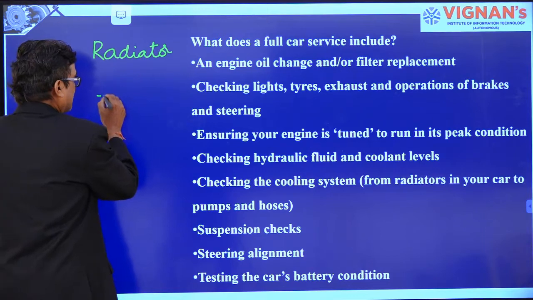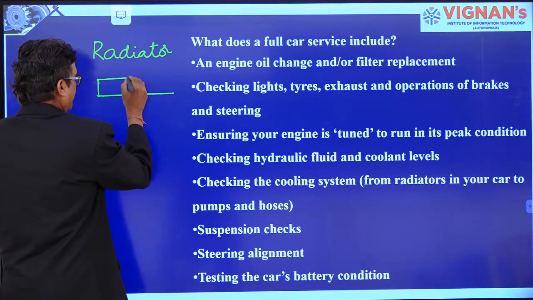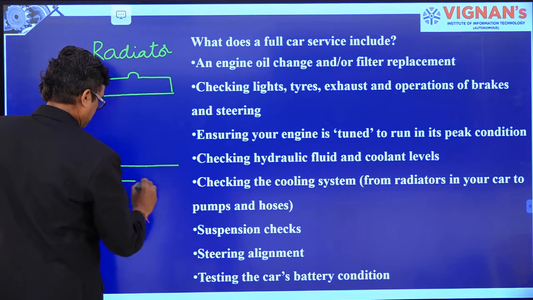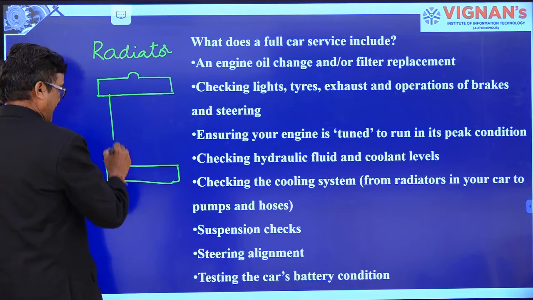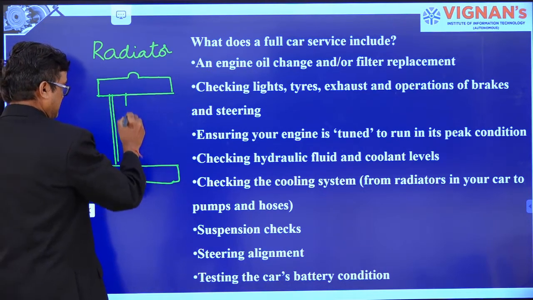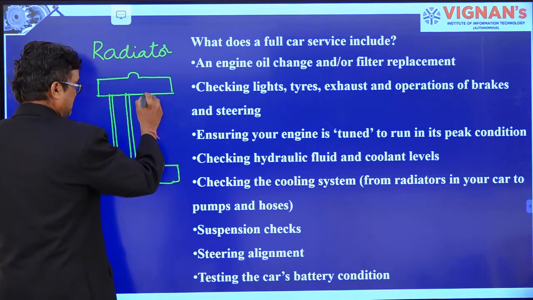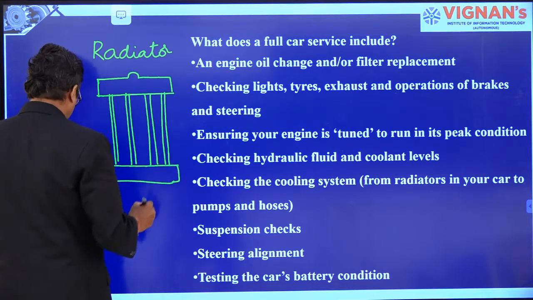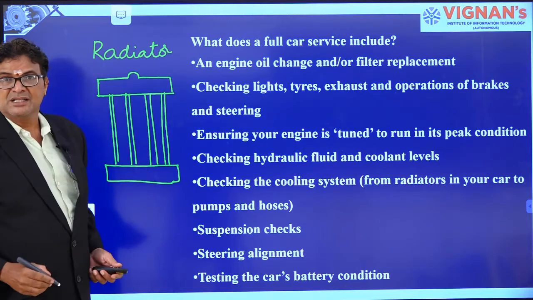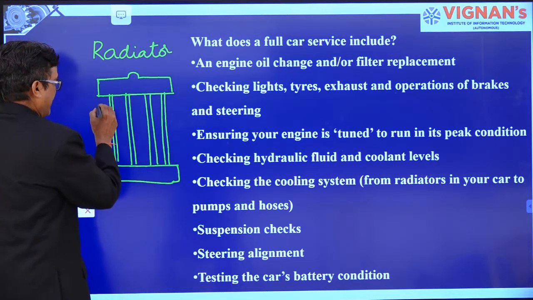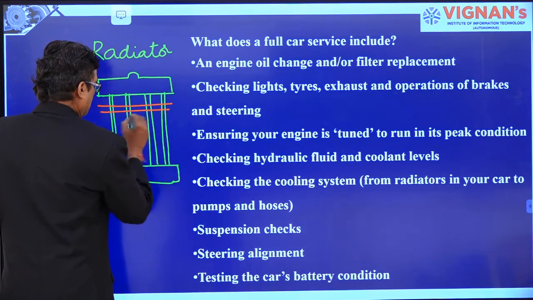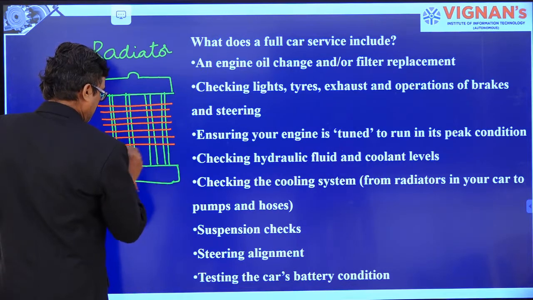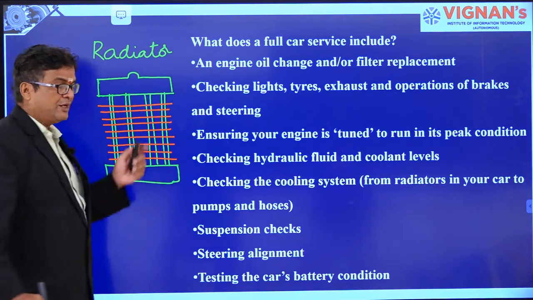It consists of two tanks like this. One is the top tank, second one is the lower tank. These two tanks are joined by pipes like this, and plates are also provided to cool the water coming from the top tank to the bottom tank.